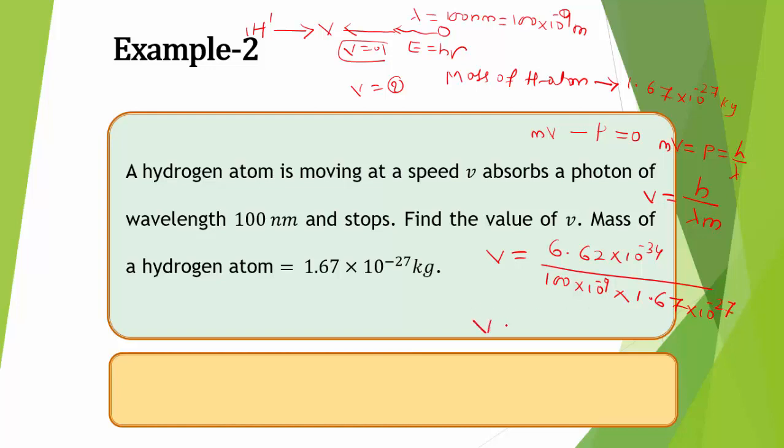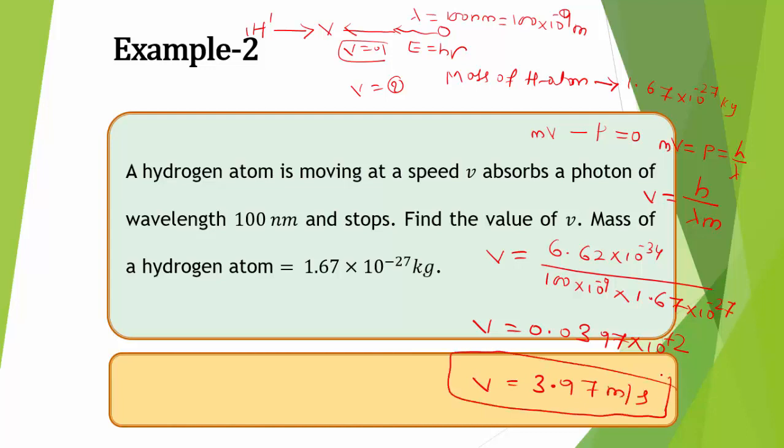Finally, you get the answer, v equal to 0.0397 into 10 to the power of plus 2, or v equal to 3.97 meter per second, which is the desired result.